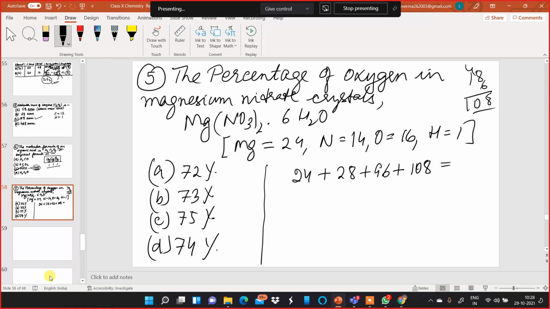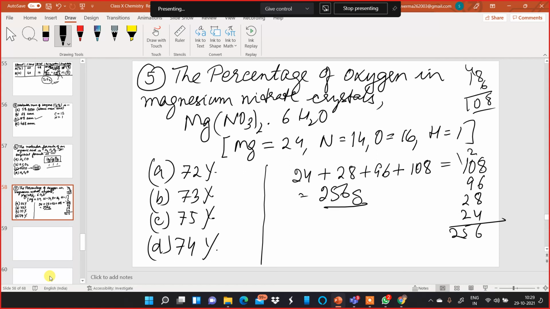So 108 plus 96 plus 28 plus 24 gives 256. That is the gram molecular mass of magnesium nitrate crystals.